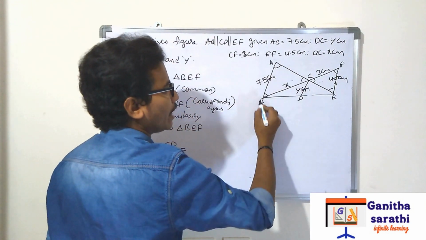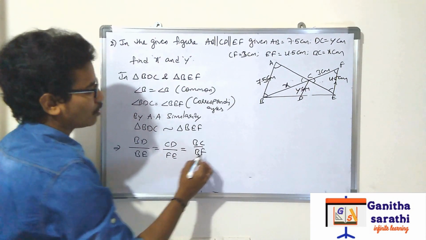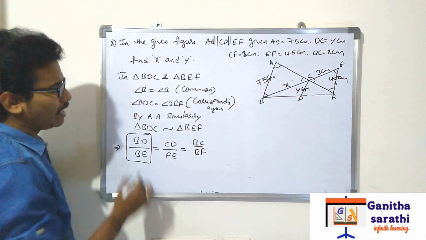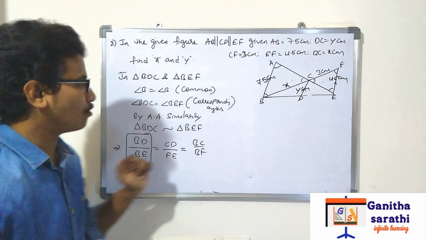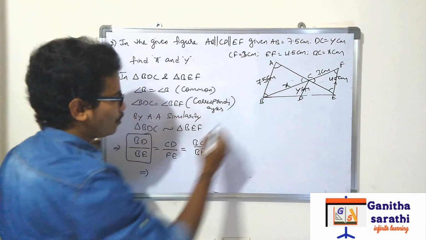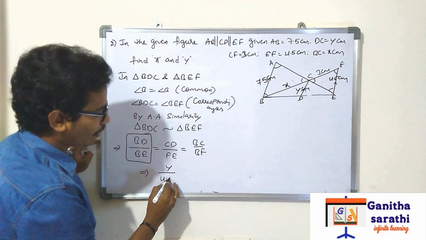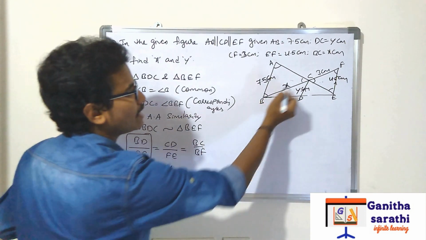We don't need BD and BE, because no values are there. Take these two. What is the value of CD? CD value is Y. What is the value of FE? FE value is 4.5, is equal to BC, what is BC?